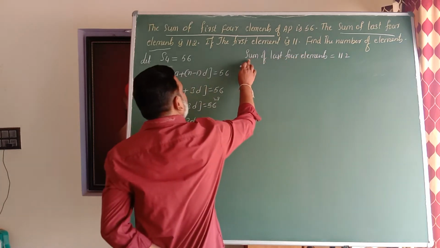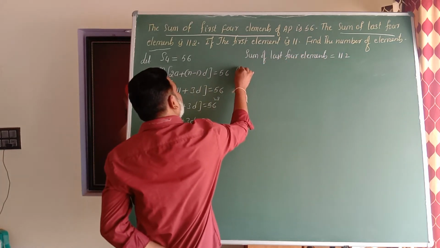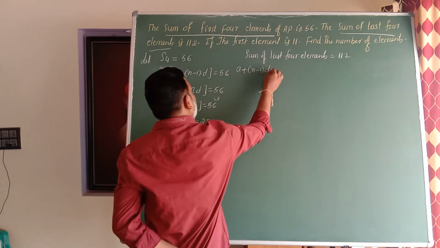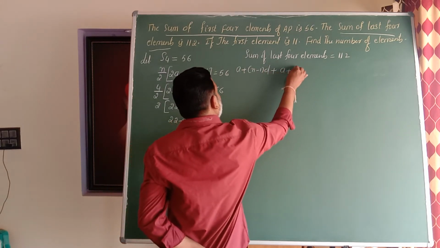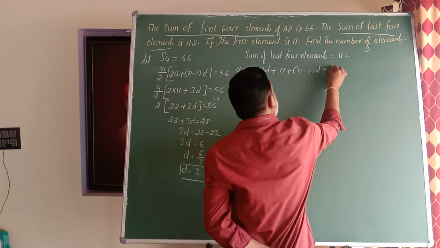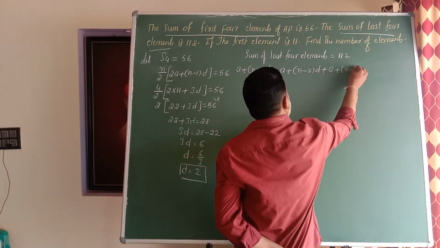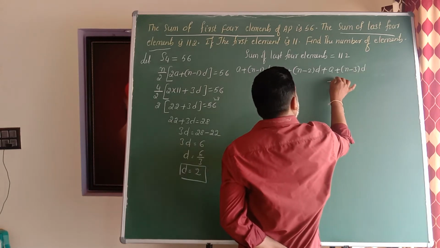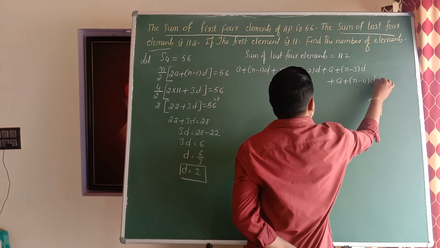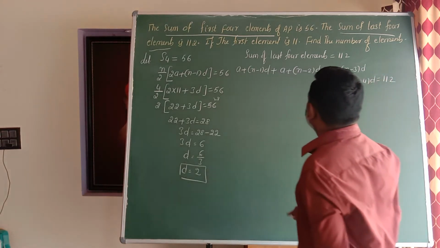Now look here, for the sum of the last four elements, I can take a plus n minus 1 into d as the last element. Before that a plus n minus 2 into d. Before that a plus n minus 3 into d, plus before that a plus n minus 4 into d, that is equal to 112.